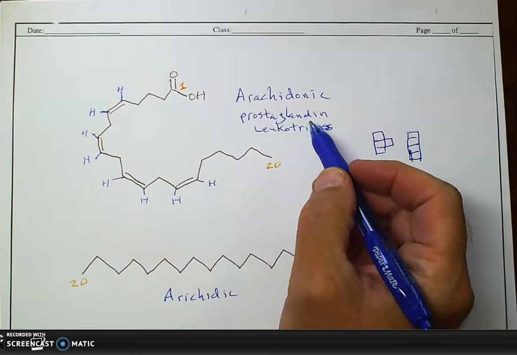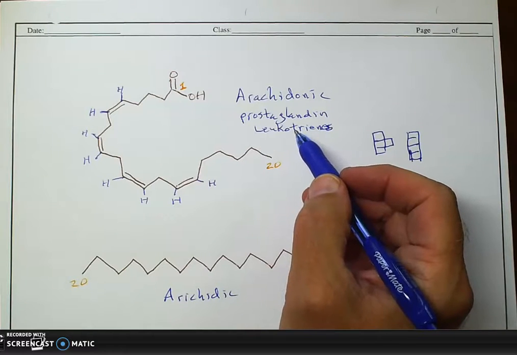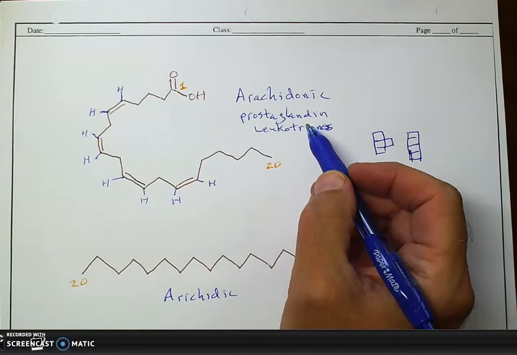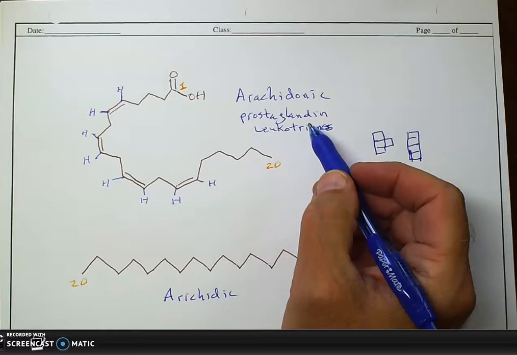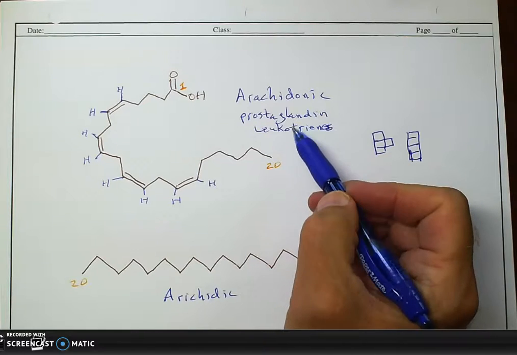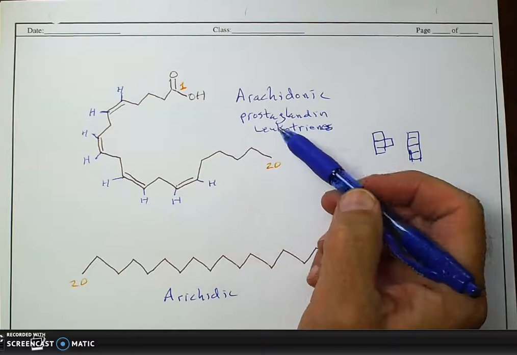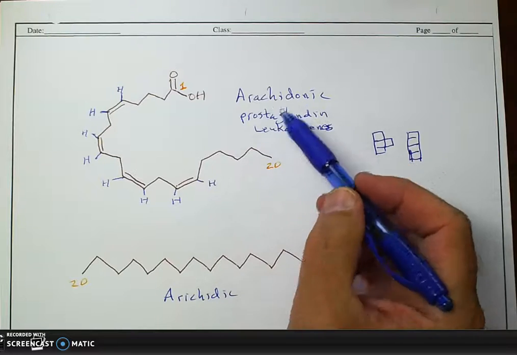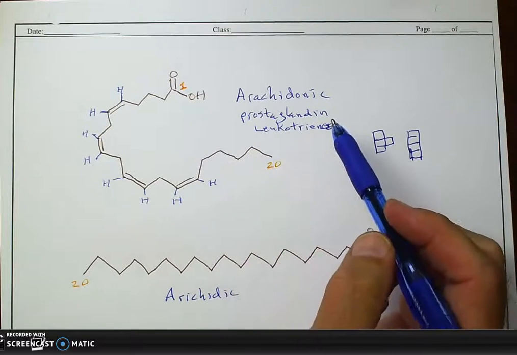They do the same type of signaling job that hormones do, but they only work locally, just in body fluids right around the cells that secrete them. But those things, prostaglandins and leukotrienes, are made from arachidonic acid.